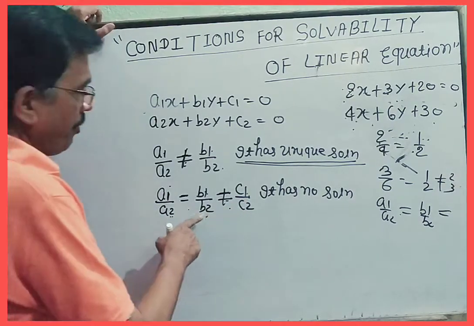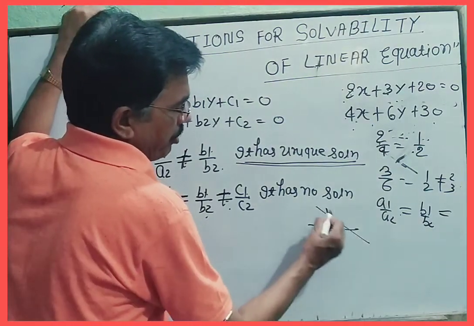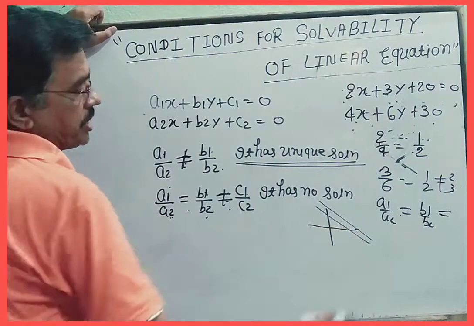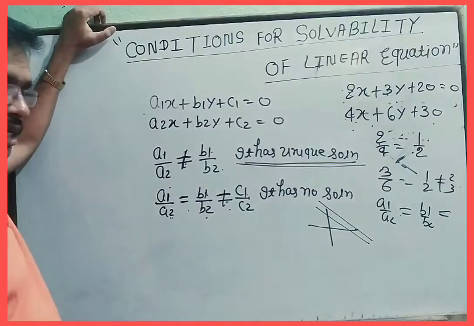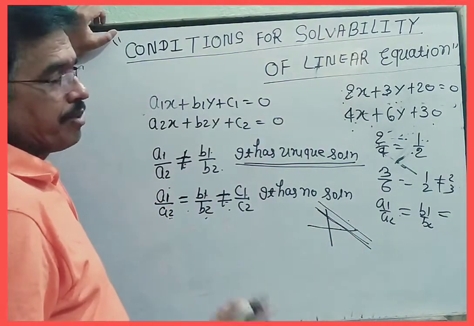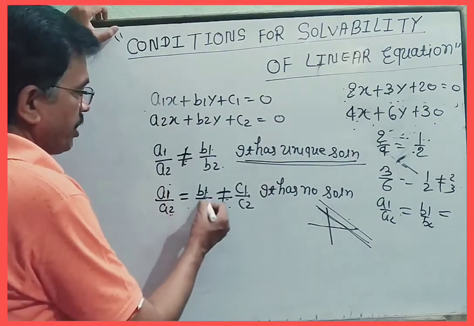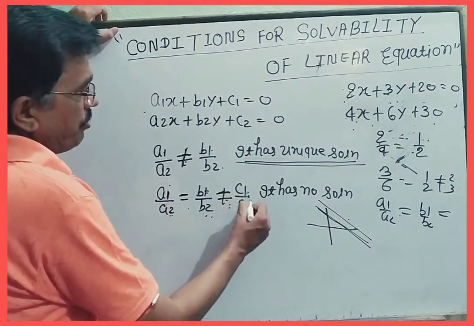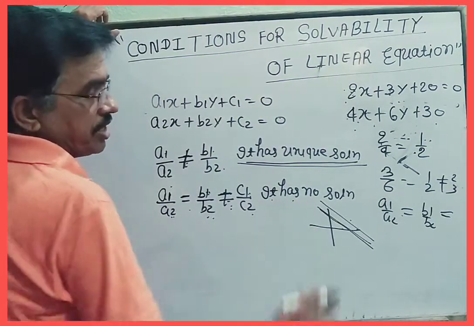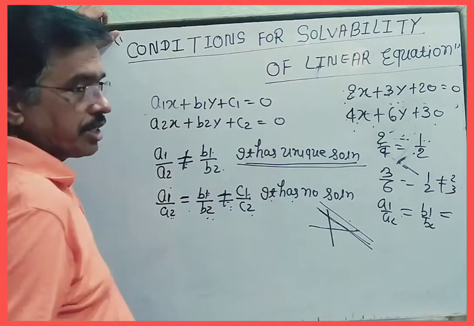When you draw the graph of this condition, the lines will be parallel and cannot intersect each other. When there is no common point between the two lines, we say it has no solution, and it is called an inconsistent solution. If it has a unique solution, it is called a consistent solution.